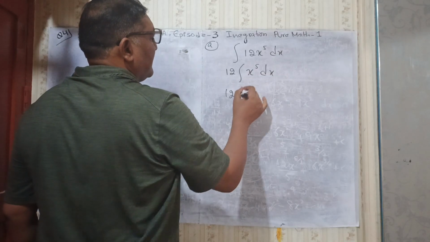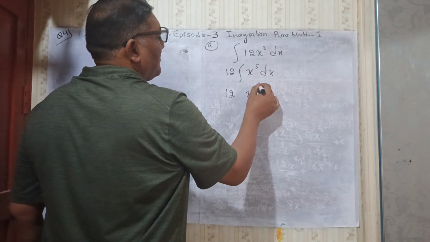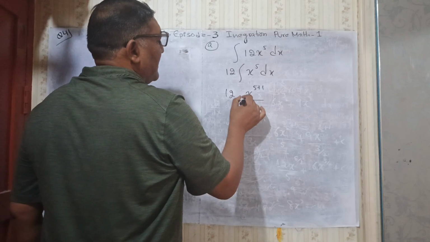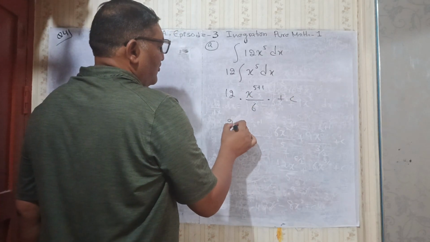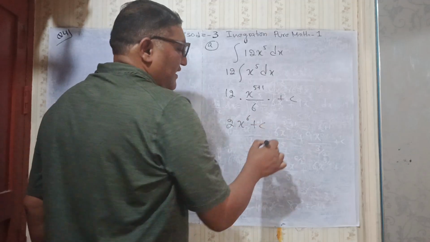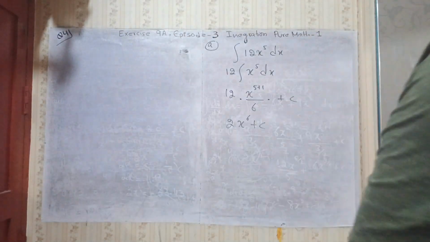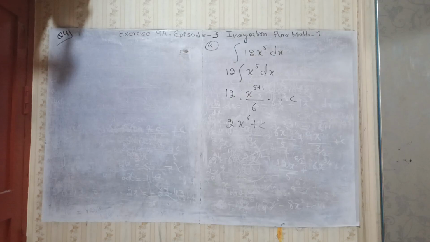When you integrate, the power is increased by 1, and you divide by the same number, plus c. So it's 12 divided by 6, which is 2x raised to power 6 plus c. Let me check the answer: 2x raised to power 6 plus c. The answer is right.